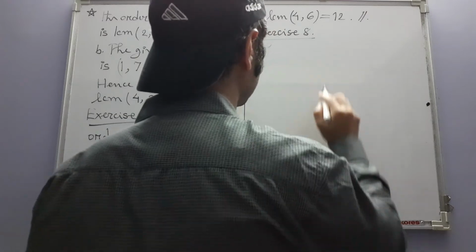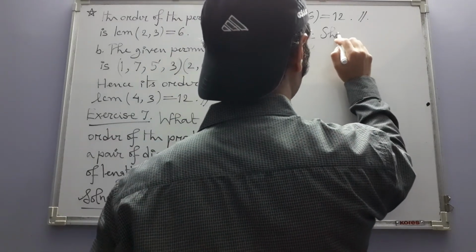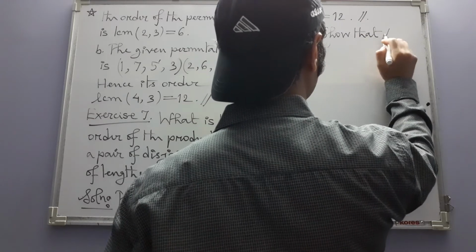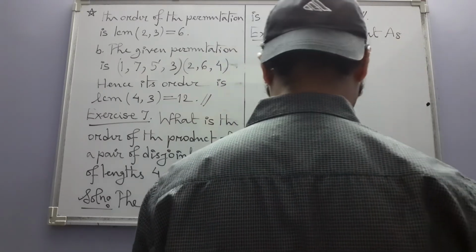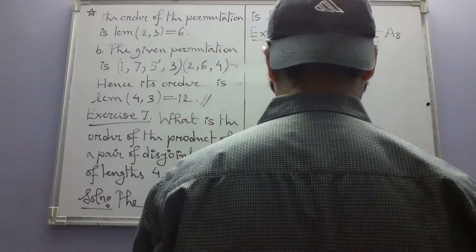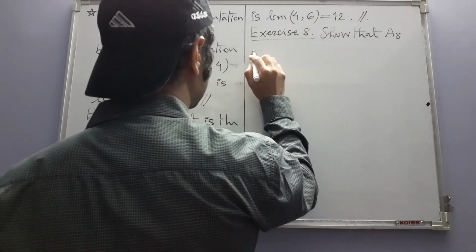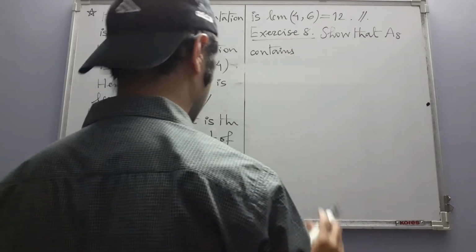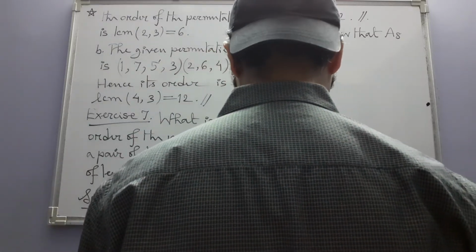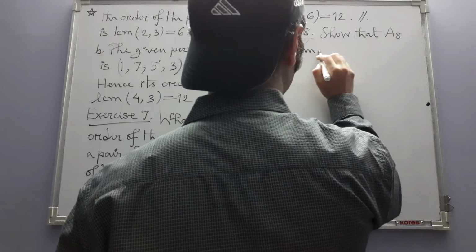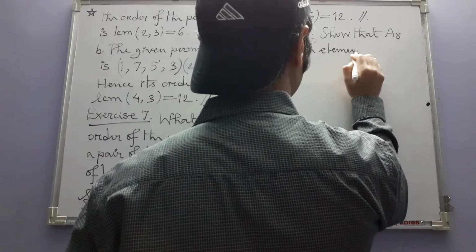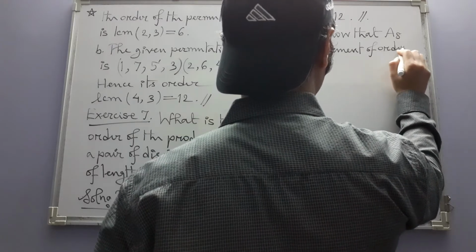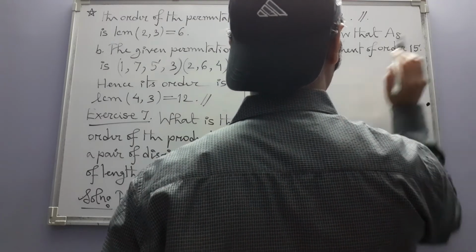Show that A8, the alternating group of degree 8, contains an element of order 15.